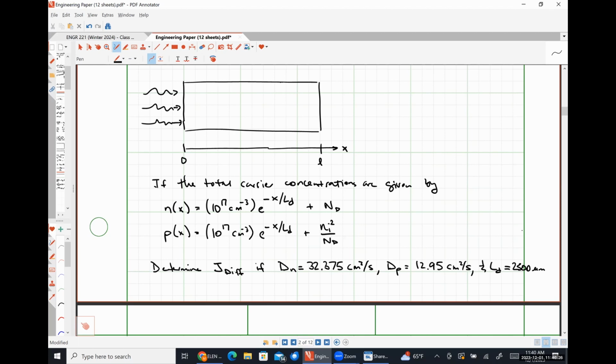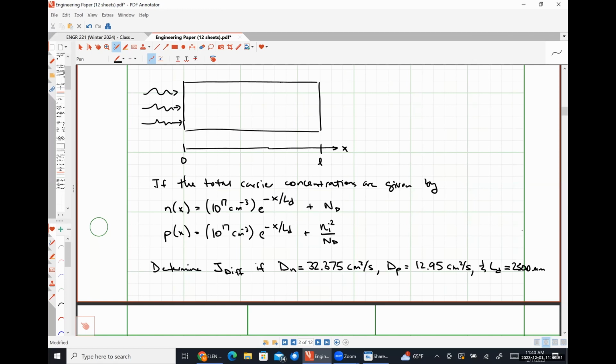There we go. So we have defined our positive direction as to the right. Our electrons are diffusing from left to right, and our electrons have a larger diffusion coefficient than our holes do, which means more electrons are moving from left to right than there are holes.